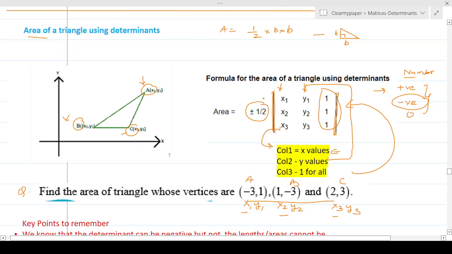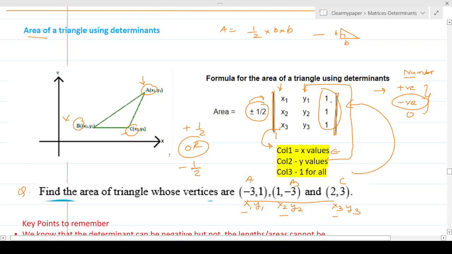Basically, whatever the determinant of this particular 3 by 3 composition is, you can either multiply it by plus half or by negative half, based on whether the answer is positive or not.